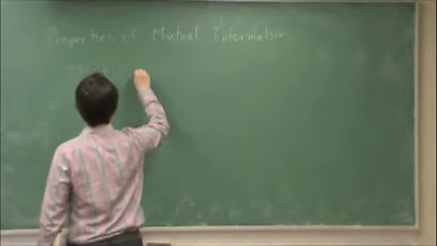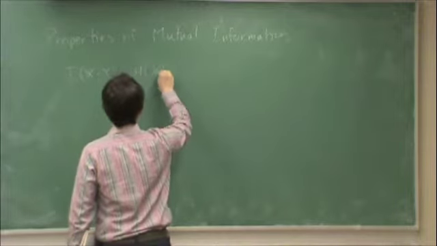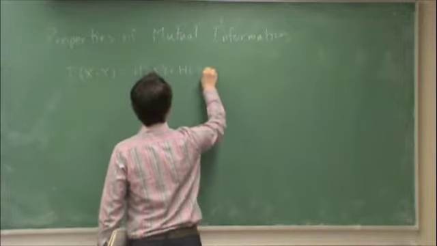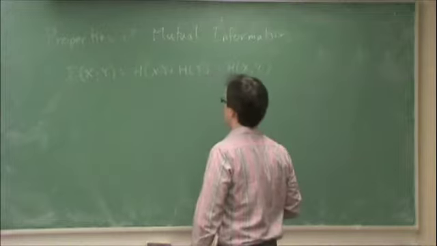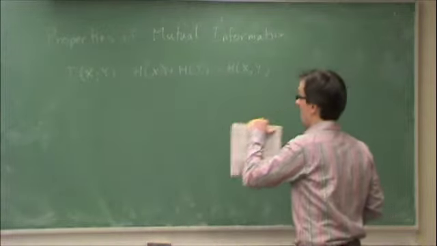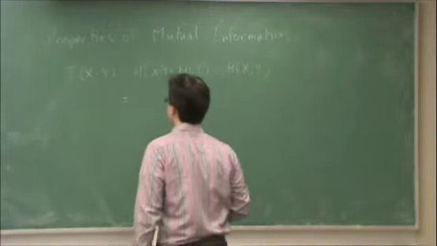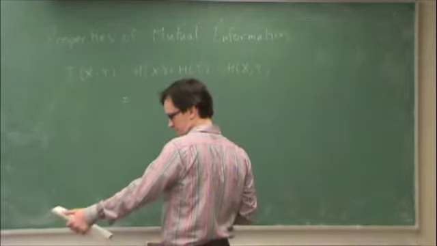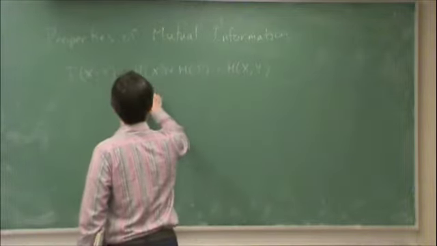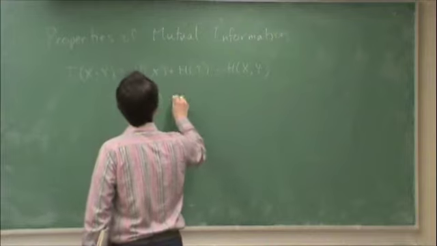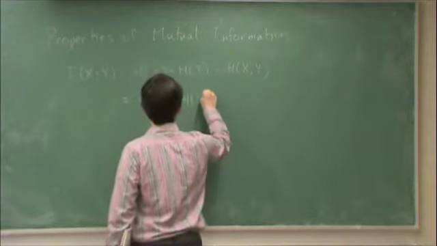Let's first write down the definition I had at the beginning: H of x plus H of y minus H of x and y. This is equal to, as I saw a moment ago, H of y minus H of y given x.